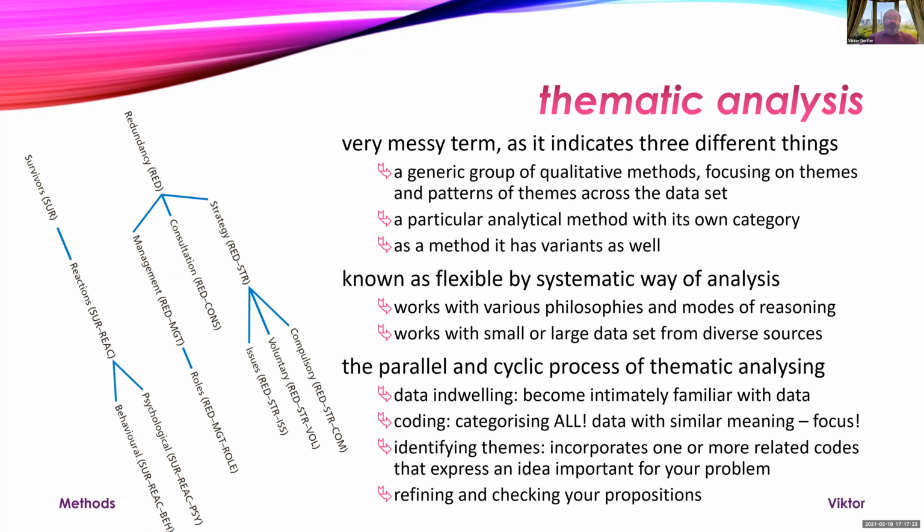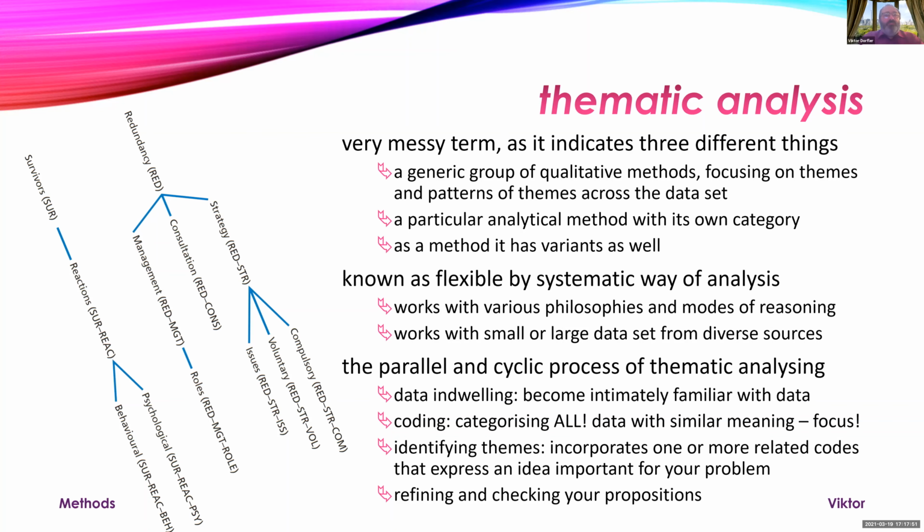And very often with other authors who are not as disciplined as Mark, you just don't know which one they are talking about. So it can indicate three different things. The first is this group, the second is the method, and then the method also has variants. There are many different ways to do thematic analysis, partly because it is not a recipe-style type of analysis.